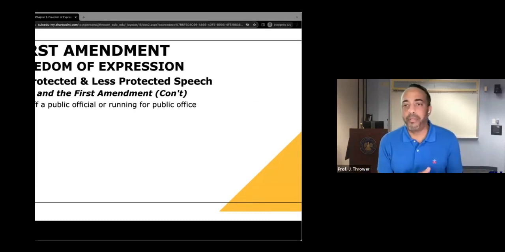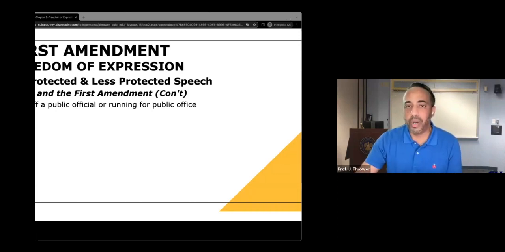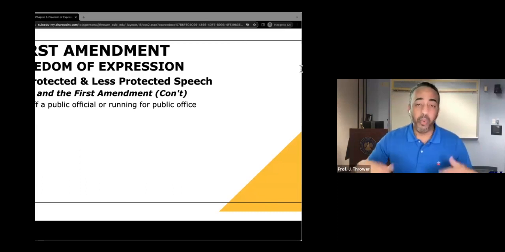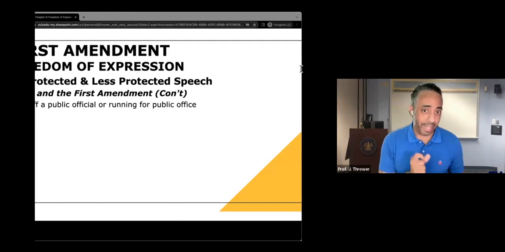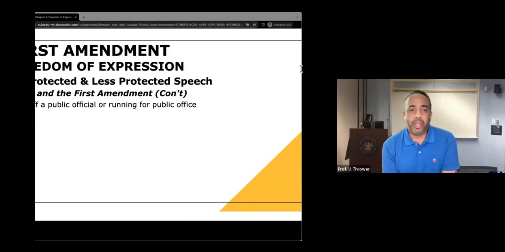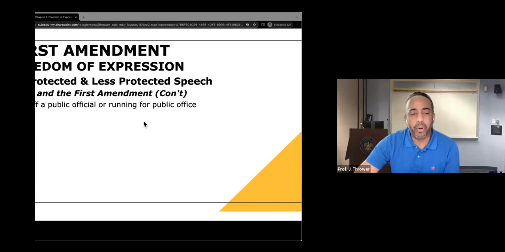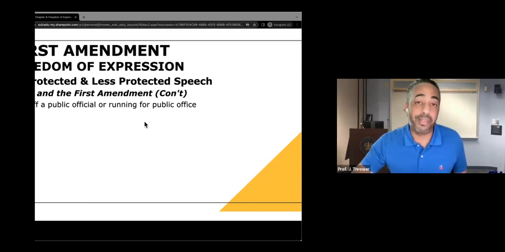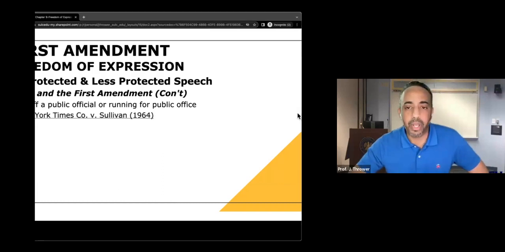If so, recovery in these types of scenarios is only allowed for defamation by proving with clear and convincing evidence the falsity of the statements made about the plaintiff and actual malice, meaning that the defendant knew that the statement was false or acted with reckless disregard for the truth. You see this laid out as the standard in the 1964 case of New York Times versus Sullivan.